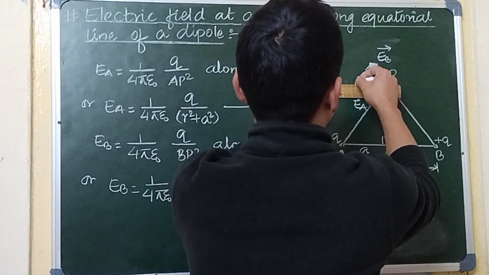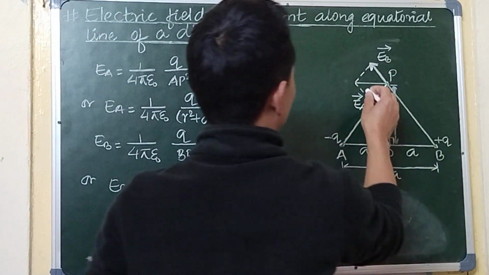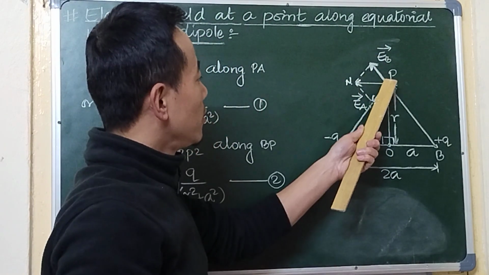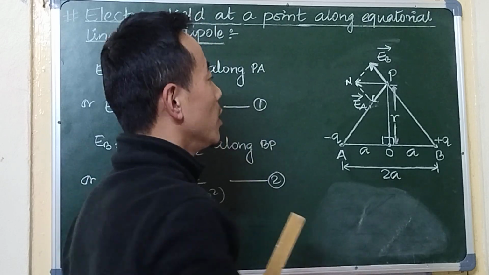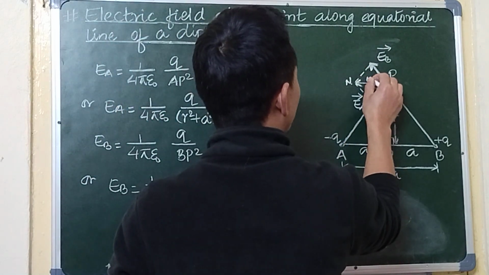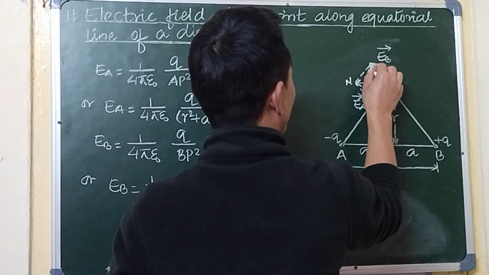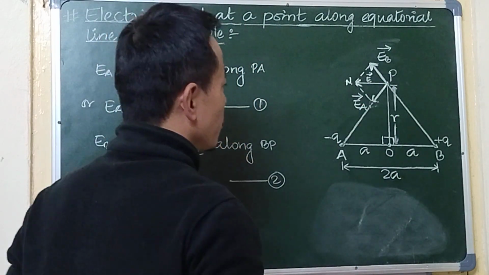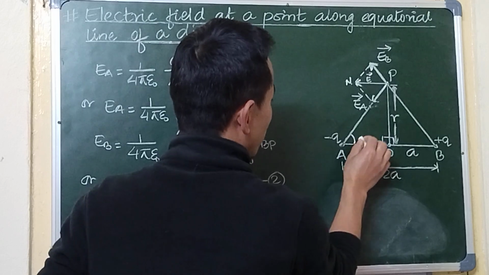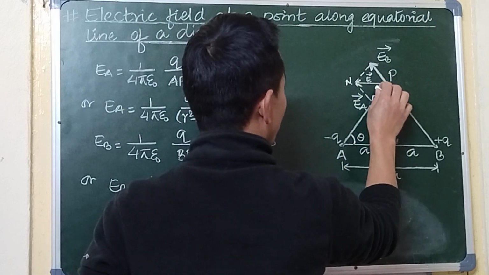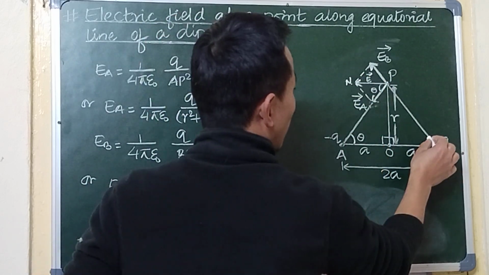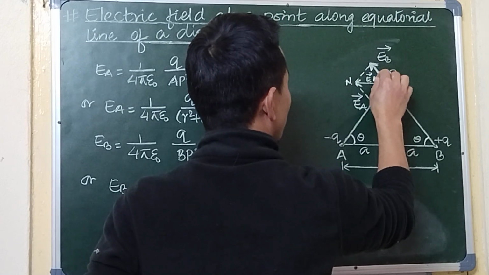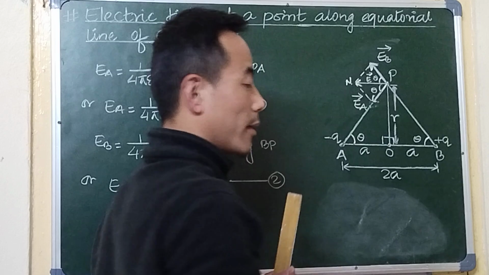So we will draw the diagonal here. Let's say this is point N. So this diagonal PN will give us the resultant electric field, which is E, or the total electric field at the point P. Let's say this is angle theta, then this angle will also be theta, alternate angles, and if this is angle theta, this will be theta itself, and this will be theta, because these two are corresponding angles.